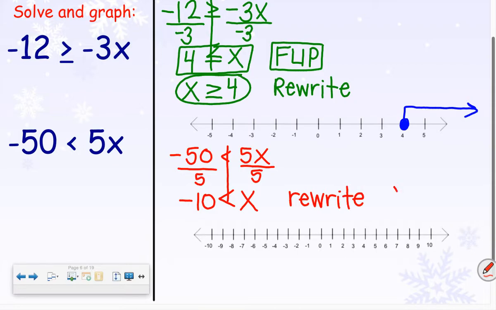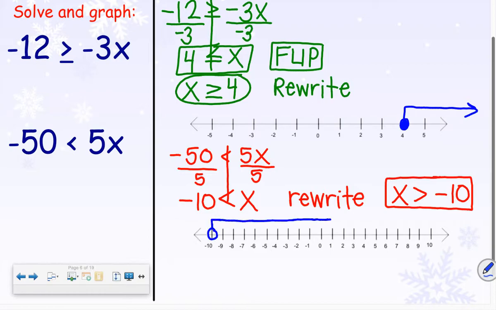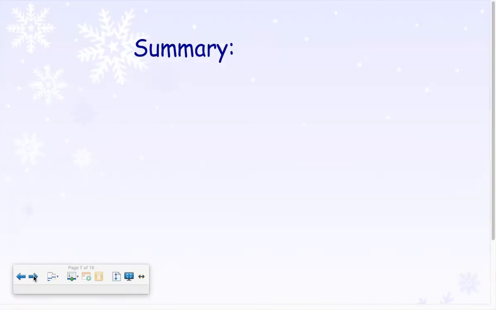So I'm going to make that x, and then negative 10, and the mouth is opening to the x. And then I need an open circle on negative 10, shaded to the right. Summary.